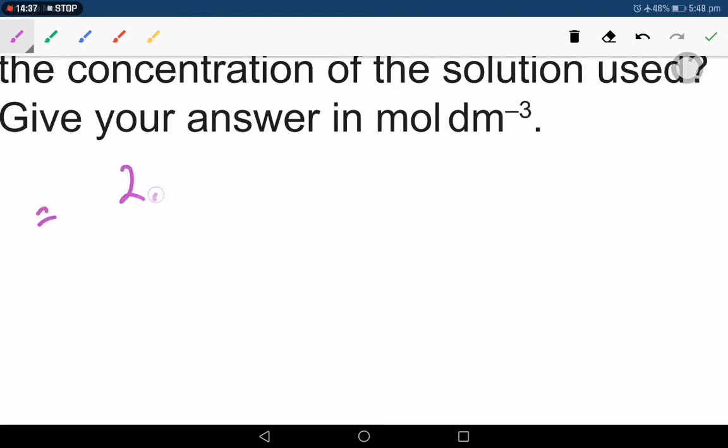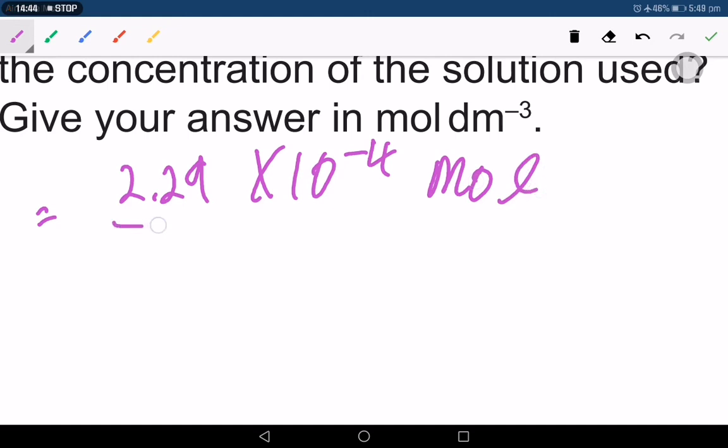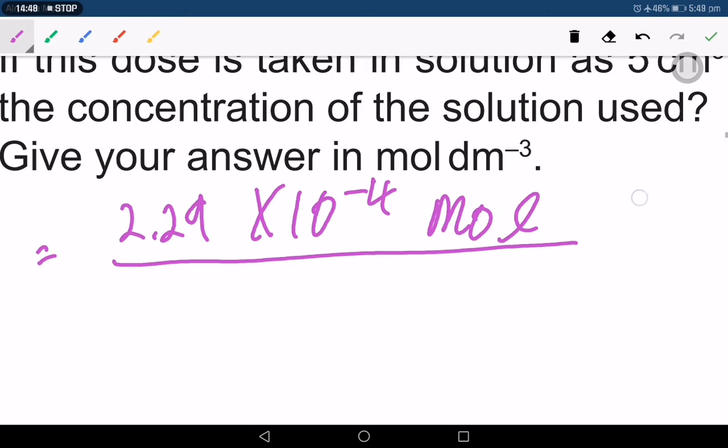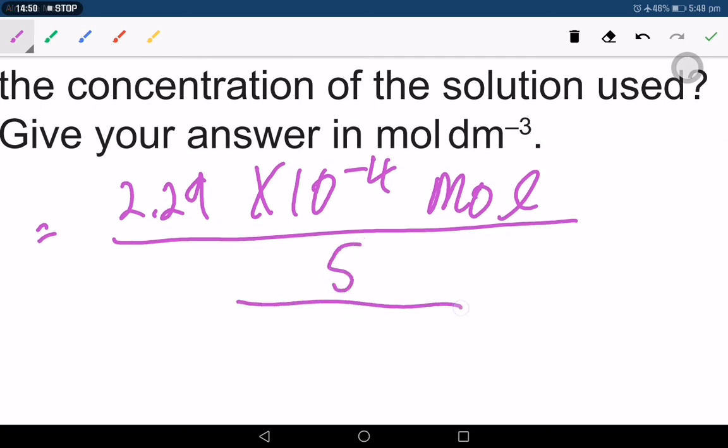Equal to 2.29 times 10 to the power of negative 4 moles divided by 5 centimeter cube, which means 5 divided by 1000 dm cube.